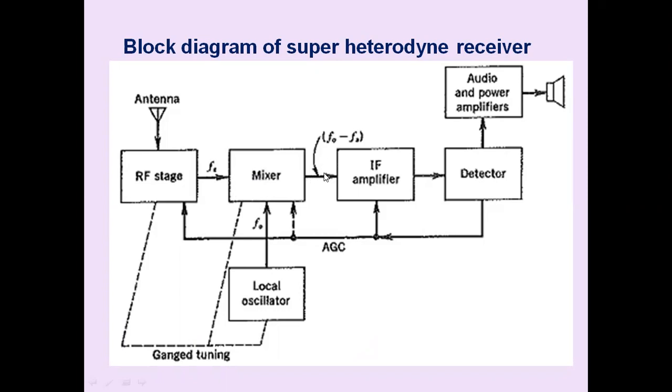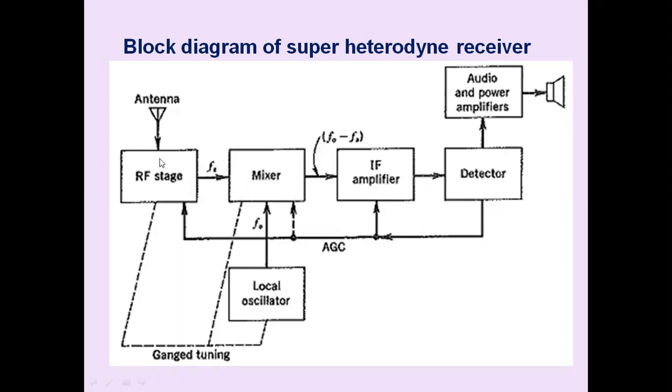A constant frequency difference is maintained between the incoming signal frequency and the local oscillator. For example, I want to pick up a message which is there on 1100 kilohertz. The local oscillator is again tuned to 1100 plus 455. The difference is always a constant.